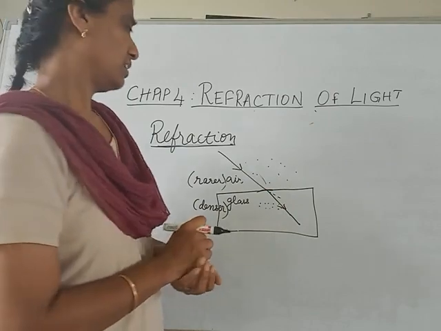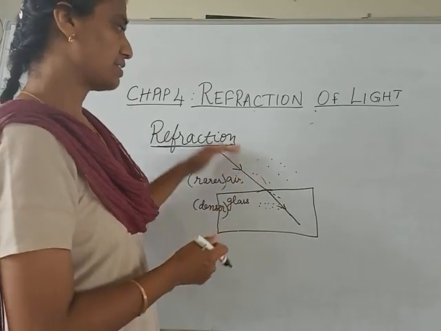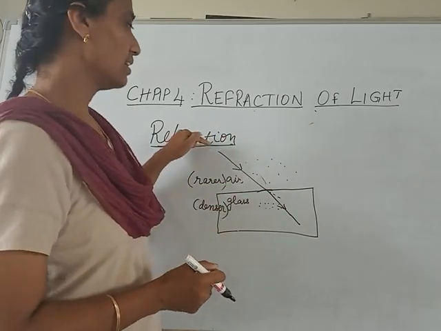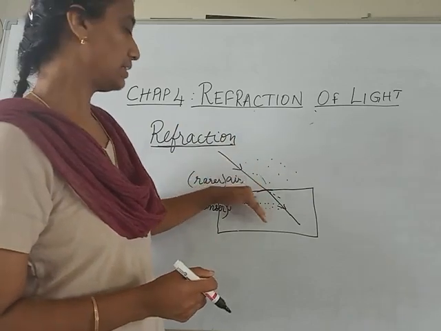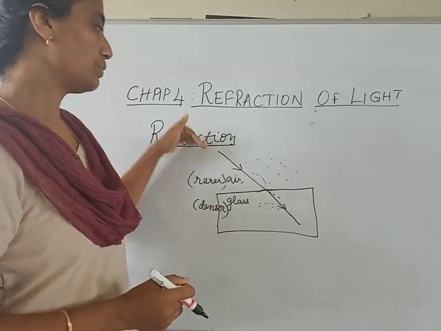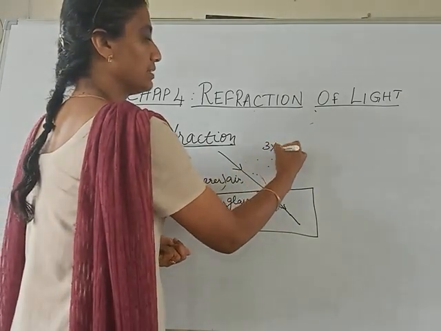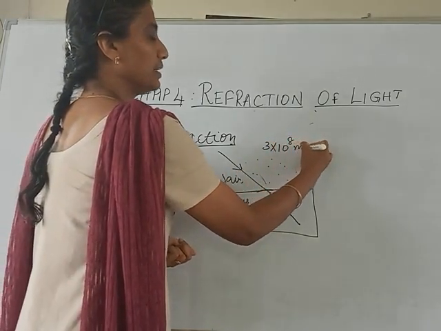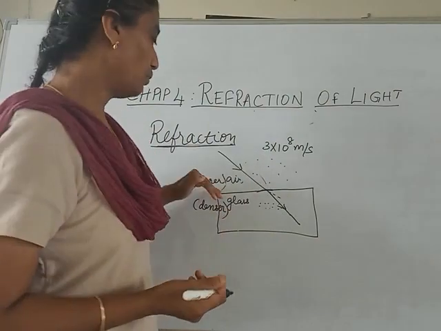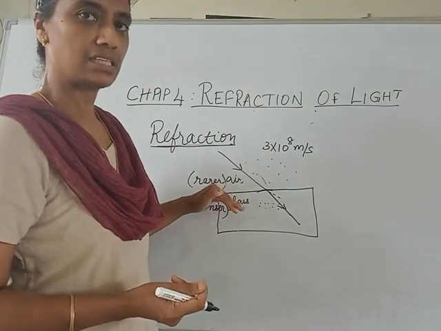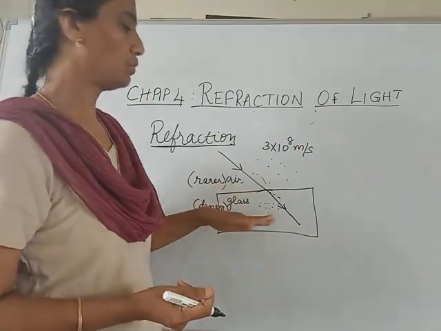Now, what happens actually is when the light travels from here and enters into glass, it was traveling with a particular velocity, and in air, you know, light travels with a velocity of 3 into 10 power 8 meter per second. The moment it enters into glass, it will slow down. Why?